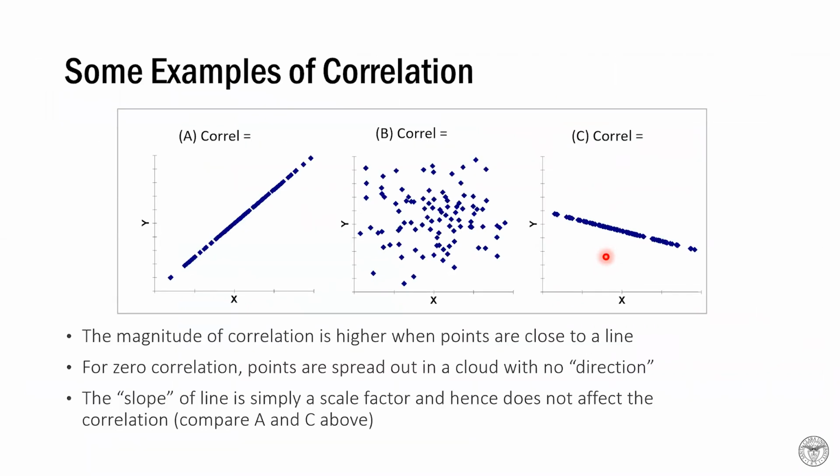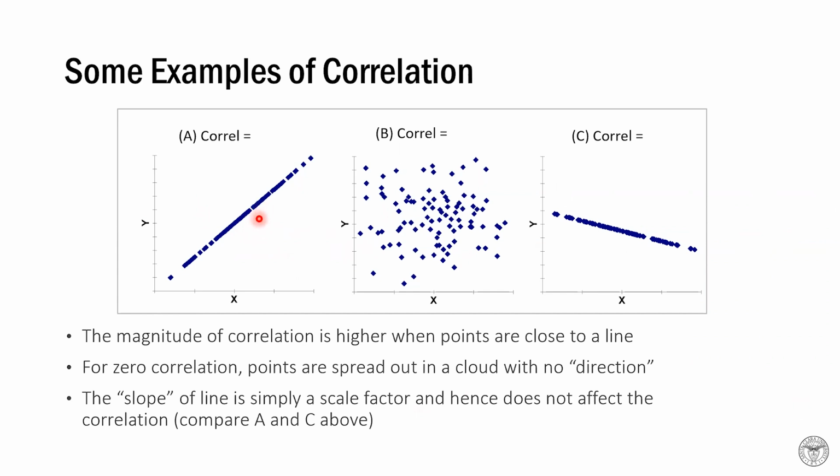Actually, there are many different types of correlations. As we can see over here, there are 3 different kinds of correlation graphs, and these different kinds of graphs show us different strengths of correlation. Okay, so in chart A, the correlation is perfectly positive 1.